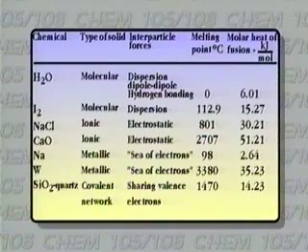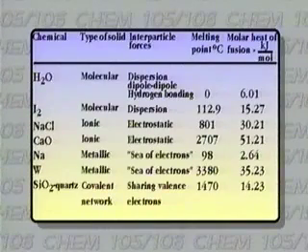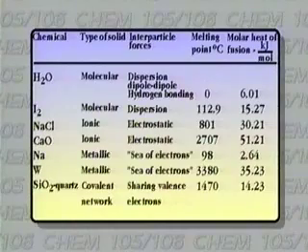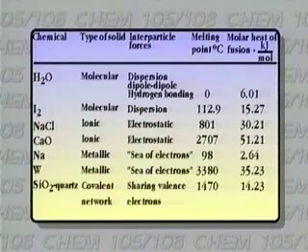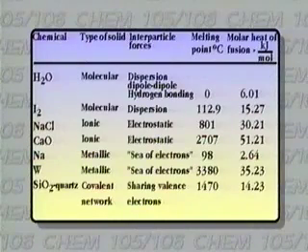Tungsten, high melting point, 35 kilojoules per mole. Water is actually fairly low, 6.01. Now that's low, but when we think of its mass of only 18, that is proportionately very high as far as a molar heat of fusion.